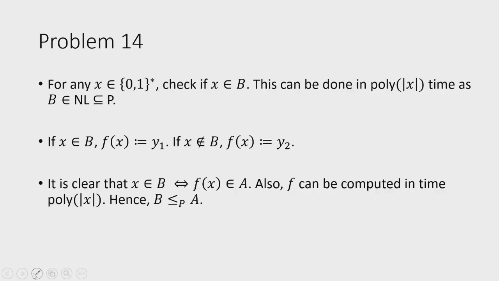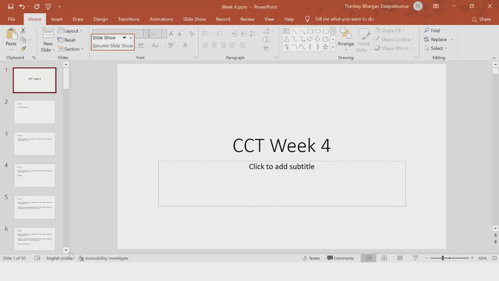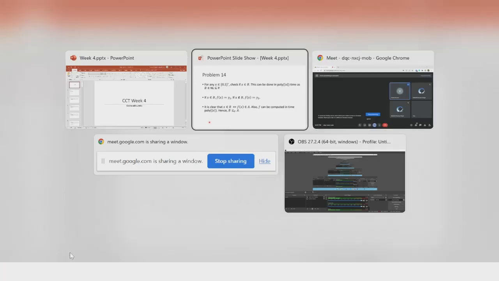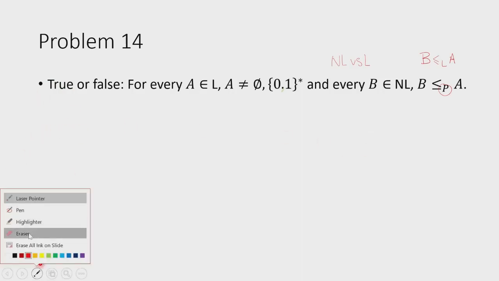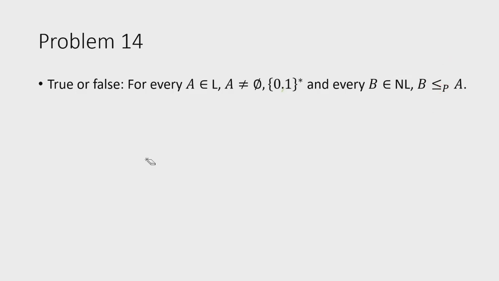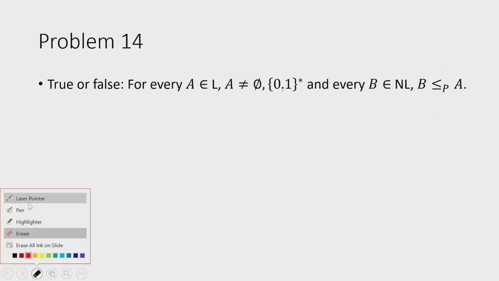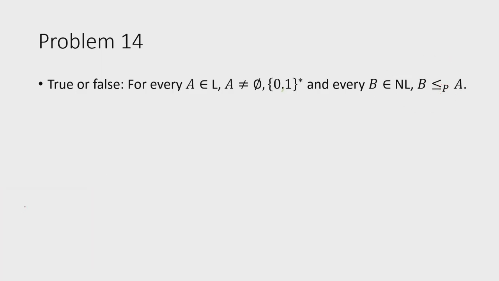Okay, so can you see my screen? Or do I need to share? Yes, yes. Let me find some space. I have a lot of space over here. So are you asking this?